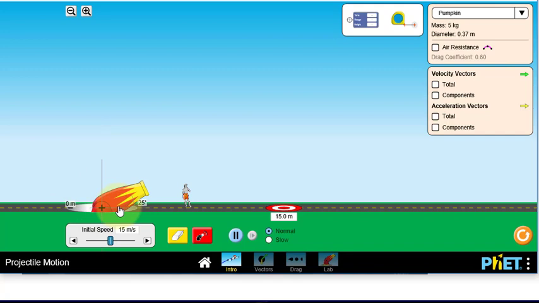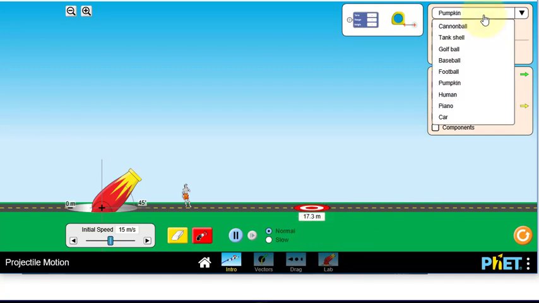We're launching from the ground. I can change my launch angle. Let's put it at 45 here. This guy maybe is there just to give us a sense of scale. Can't move him. I can move my target here to whatever horizontal range I might be looking for.